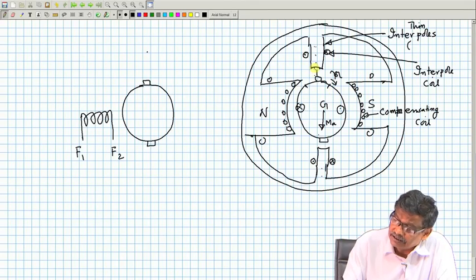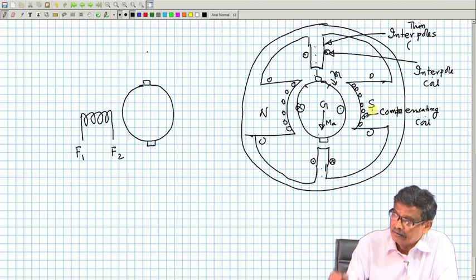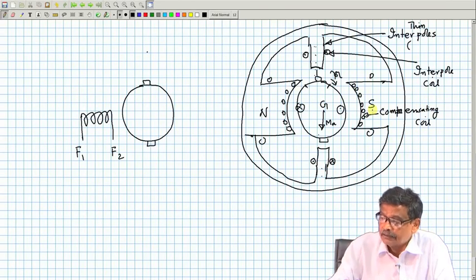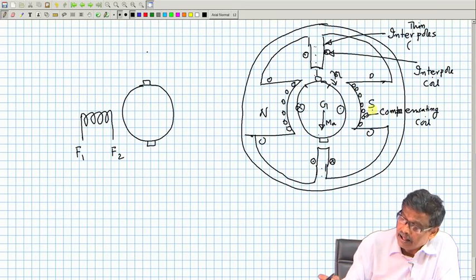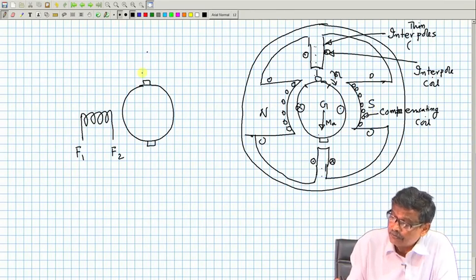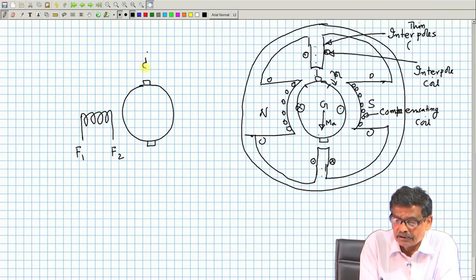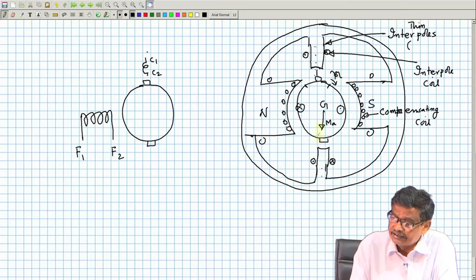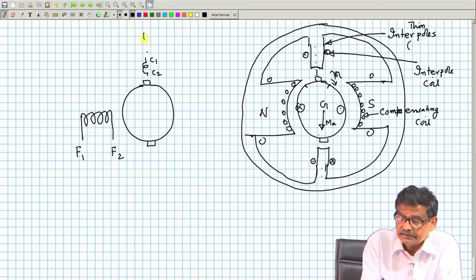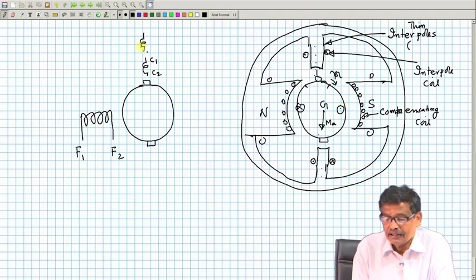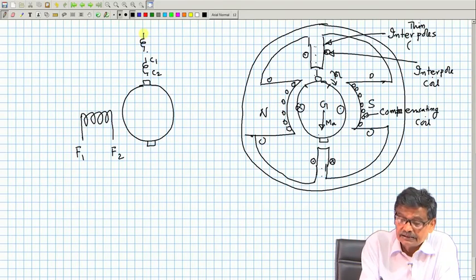So, to avoid the flux that is left, you connect some interpoles in this zone, and this machine may therefore have, as one large machine can be shown, C1 C2 compensating coil, and its axis is also along the quadrature axis, and these are the interpole terminals.